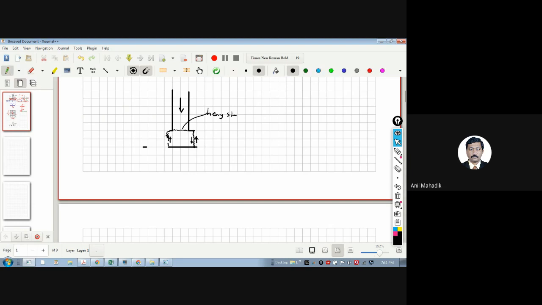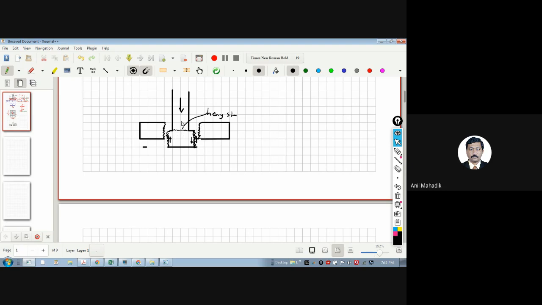There will be a crack like this, and it is going down. So you can see in this zone, there is a shear.